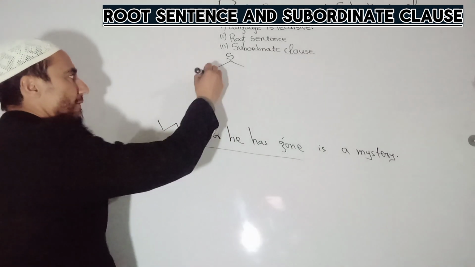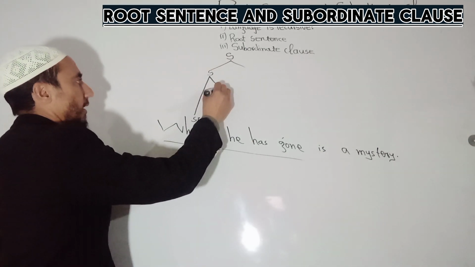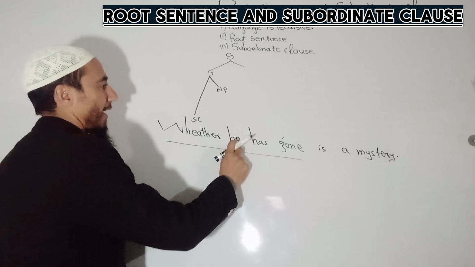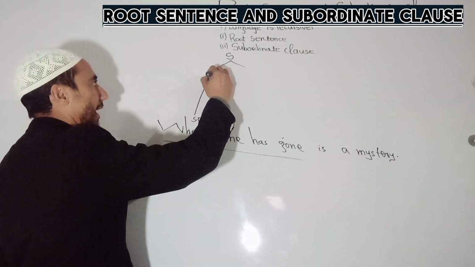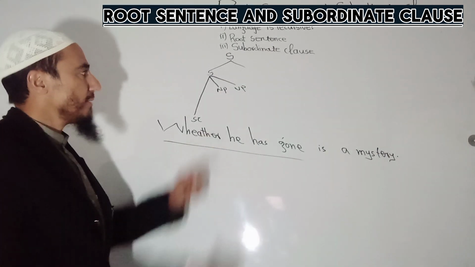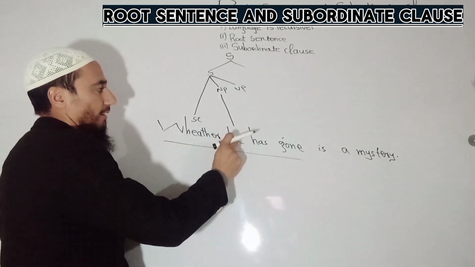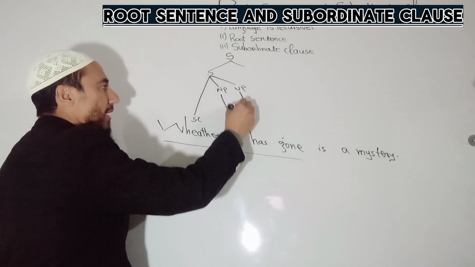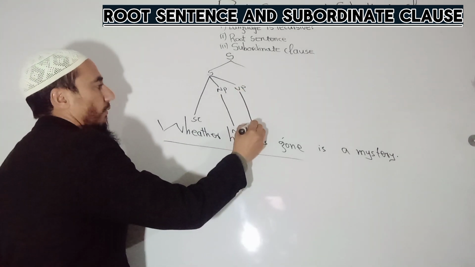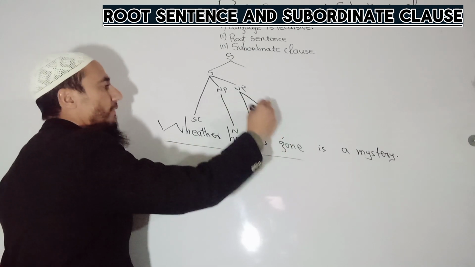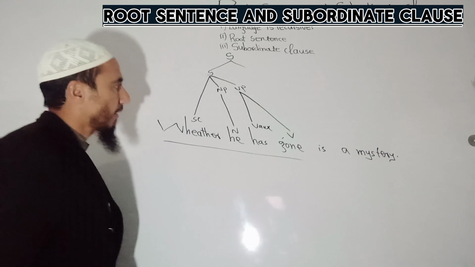After that we have NP and also VP. The NP is "he," that is a pronoun. And in VP we have the auxiliary verb, and "gone," that is the main verb.